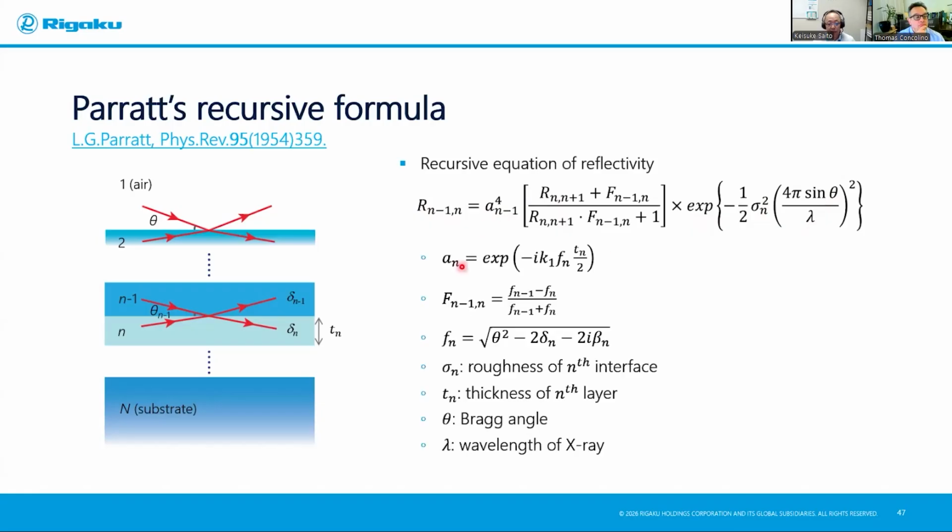Small a here is a function of the thickness, and large F is a function of small f, which is a function of delta, the density, and the roughness term is here. This is the reason why we can determine the thickness, roughness, and density from XRR profile fitting.